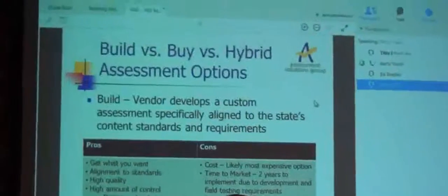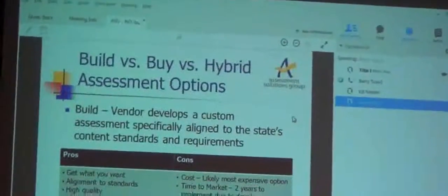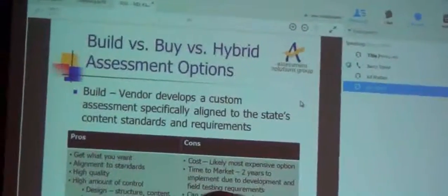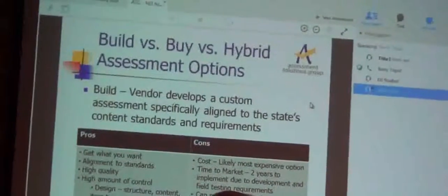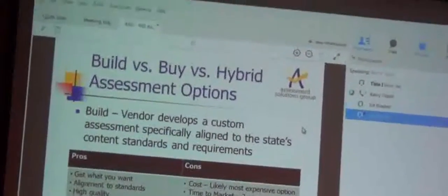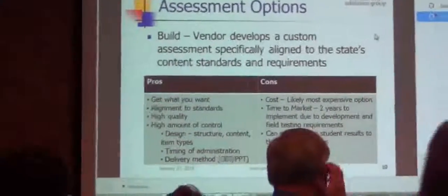So, and then there are some states, and North Carolina comes to mind, and maybe Kansas, that use their university system to help them build the assessment. And so the university, I guess, must be either contributing their time or not charging a lot.